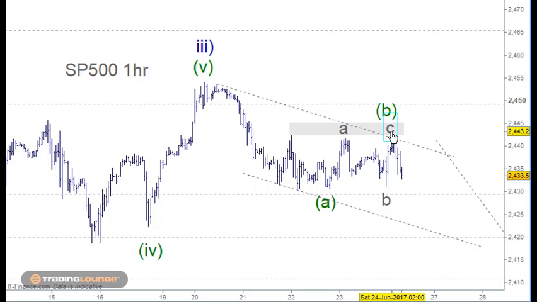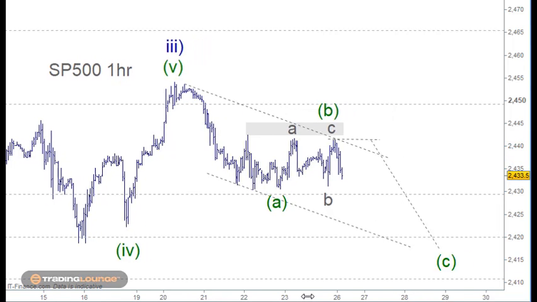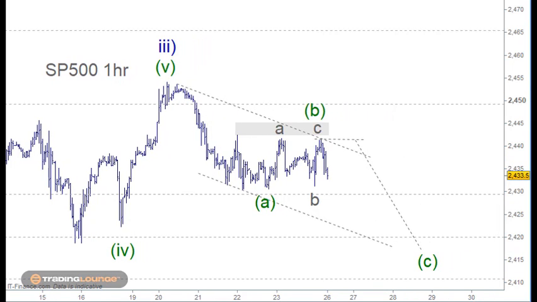Now it's possible to mark this different as well. So what we would do is that if this high here is taken out, then we need to be long from that point. But otherwise, we need to be looking at this down here in 5 waves here, basically 1 and 2 and 3 and 4 and 5. We'll drill into that in a moment.